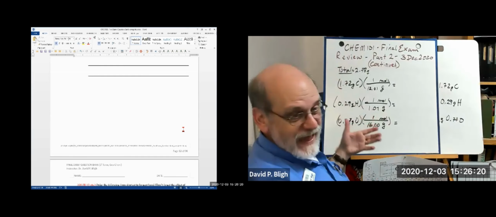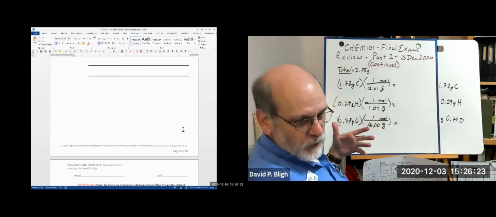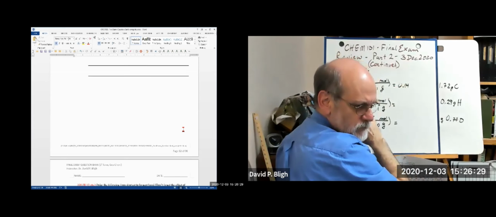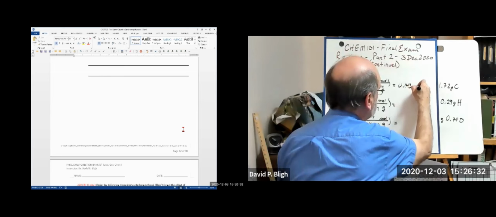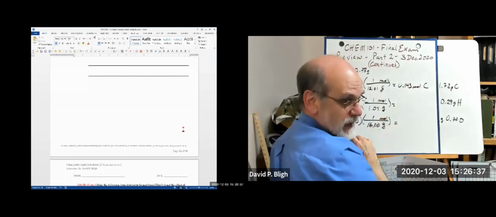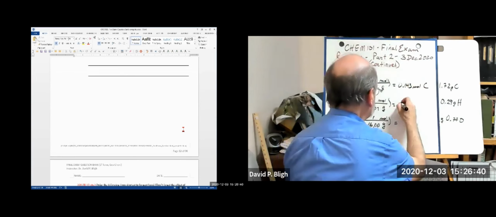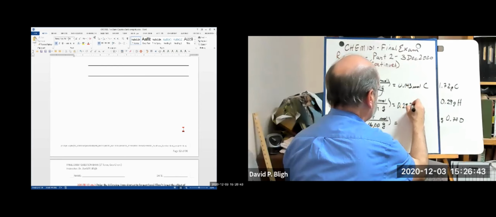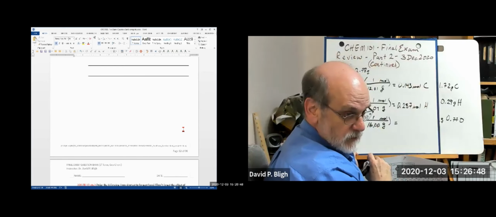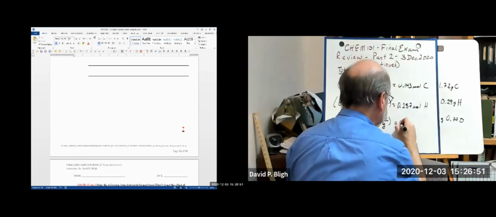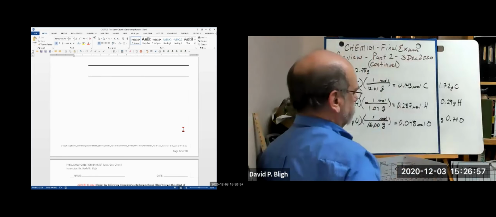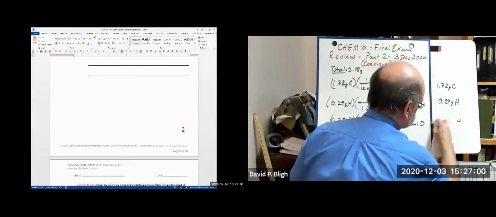Okay. Now, do the math, and you get 0.143 moles of carbon, and we get 287 moles of hydrogen, and we get 0.048 moles of oxygen. Okay? Now I can erase this.